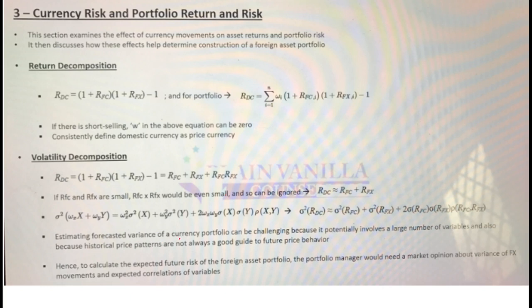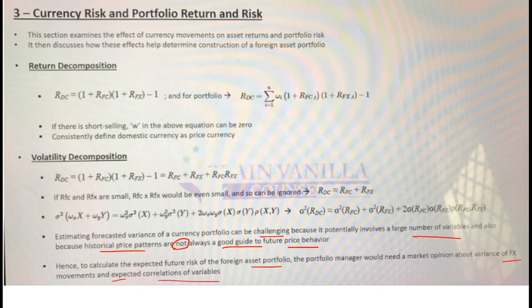So estimating forecasted variance of currency portfolio can be challenging because it potentially involves a large number of variables, and also because historical price patterns are not always a good guide to future price behavior. Hence, to calculate the expected future risk of the foreign exchange portfolio, the portfolio manager would need a market opinion about variance of FX movements and expected correlations of variables.